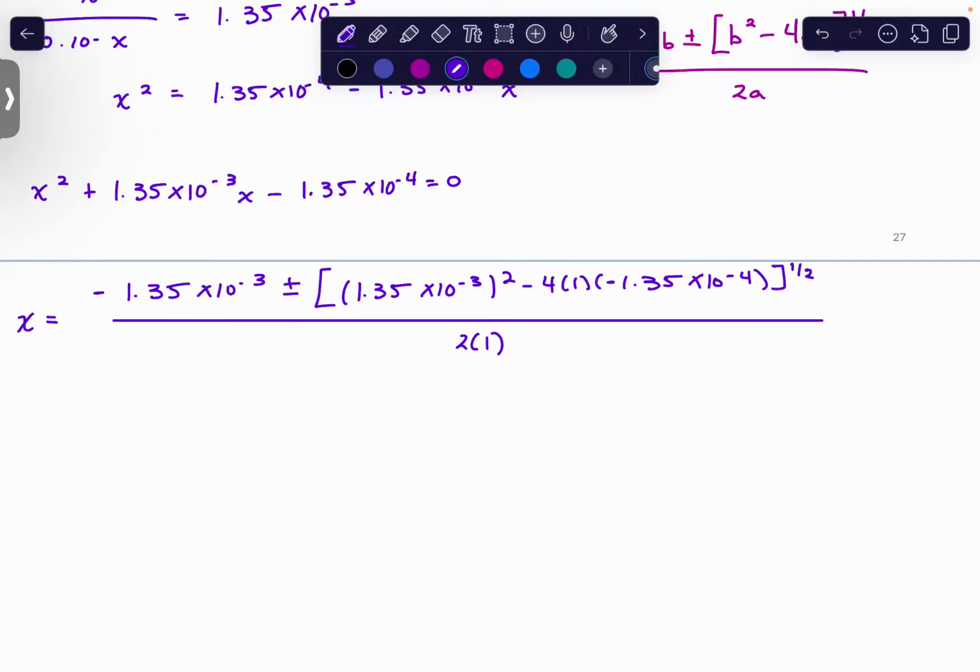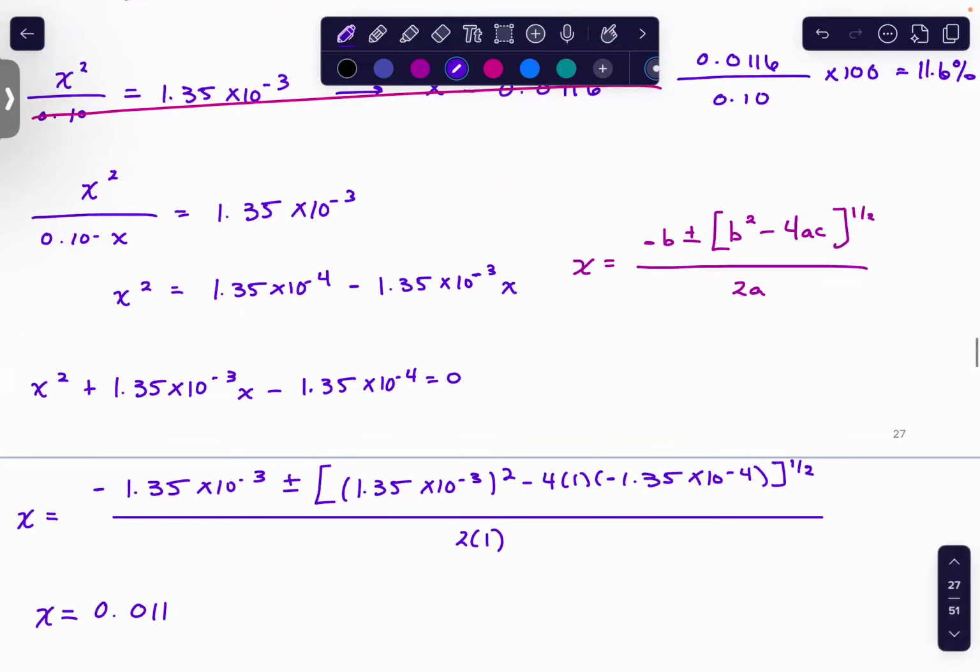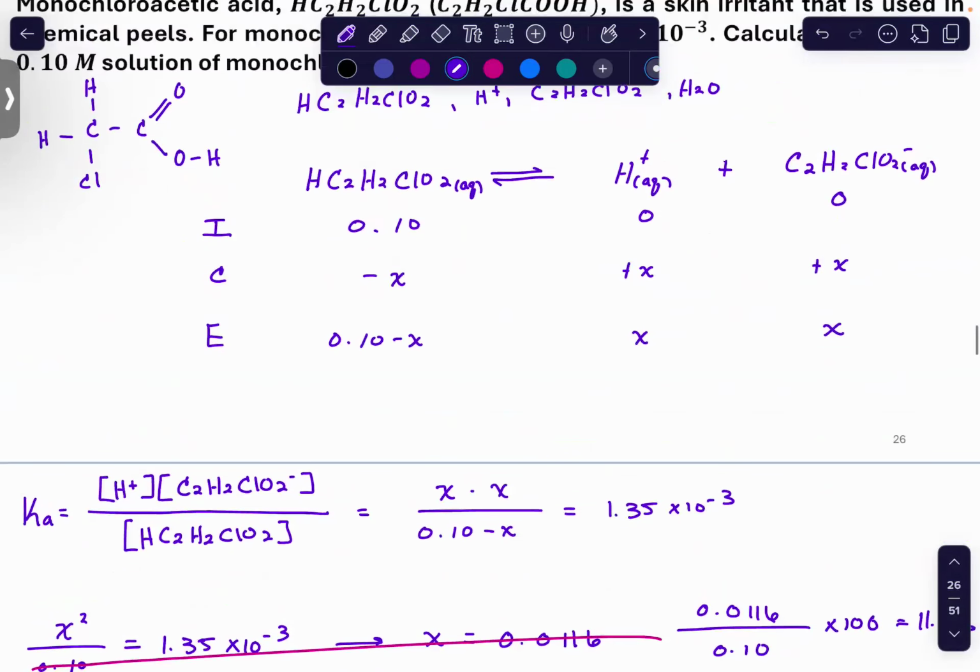One of the values will be a negative value, and that's going to give you negative concentrations at equilibrium, which doesn't make sense. So the only value it can be is the positive one. Okay, so we look back at our ice table, and we notice that our equilibrium concentration of protons is just our X value.